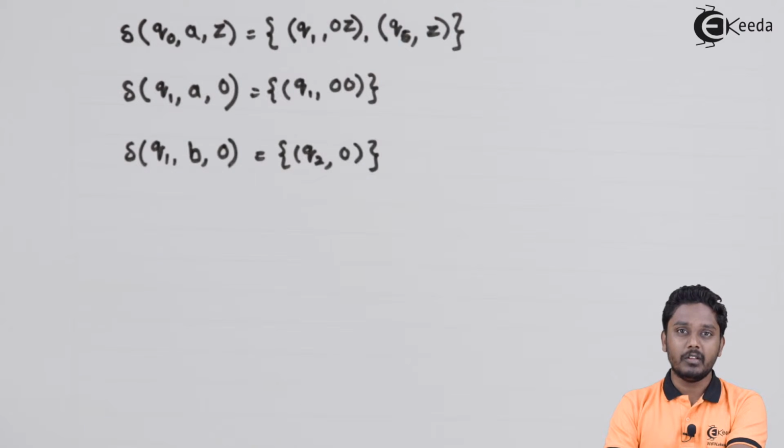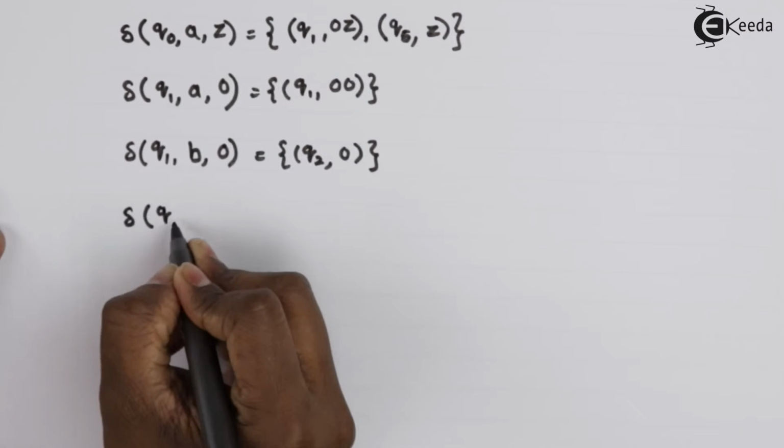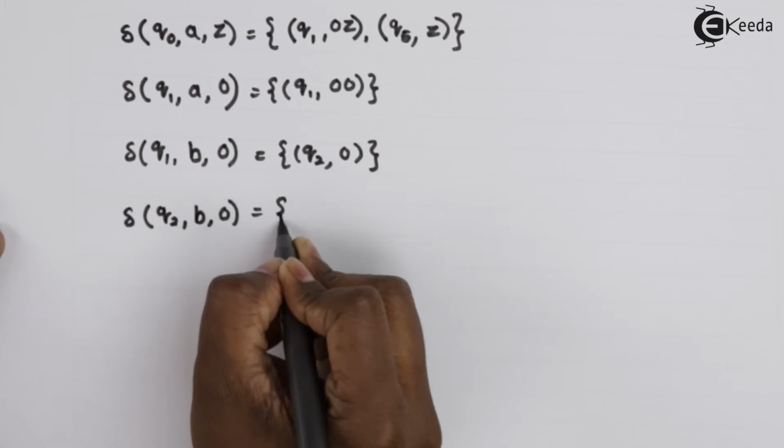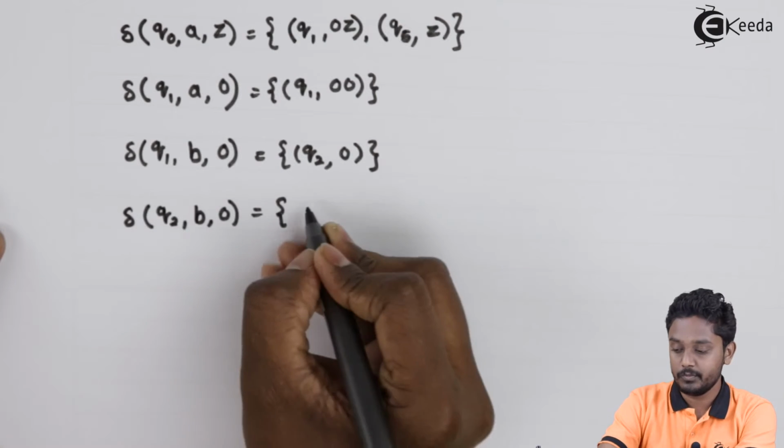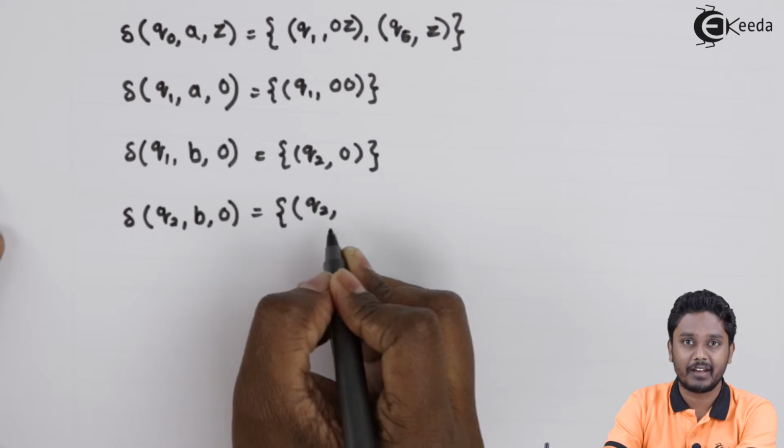Q2 on B with 0 as the top of the stack will skip the B. It will stay back to Q2, keeping the 0 as it is on the stack.